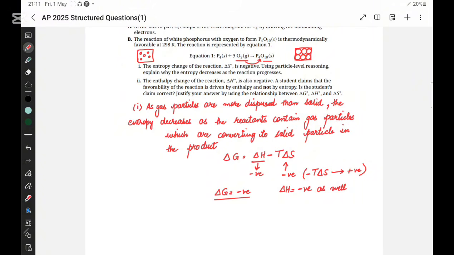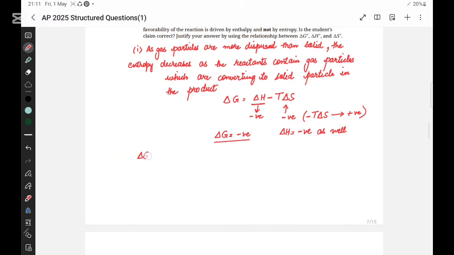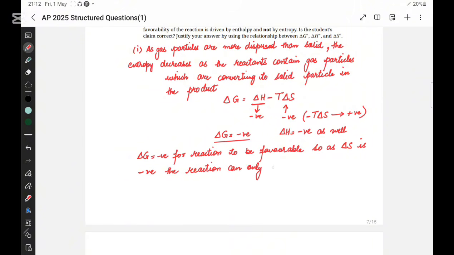We can say that as delta G is negative for the reaction to be favorable, and as delta S is negative, the reaction can only be favorable if delta H is negative. So it is a driving factor.